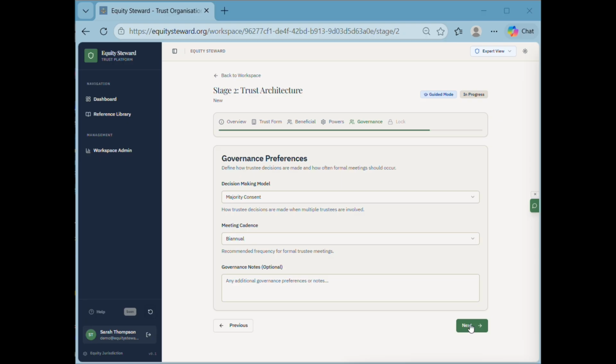Why architecture matters. So at this stage, what is emerging is more than a collection of configuration choices. What is being built is a structural record. It becomes possible to see not only what the trust is for, but how its internal logic is intended to operate.